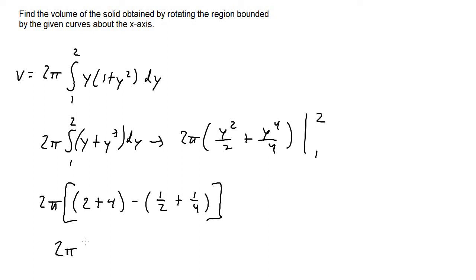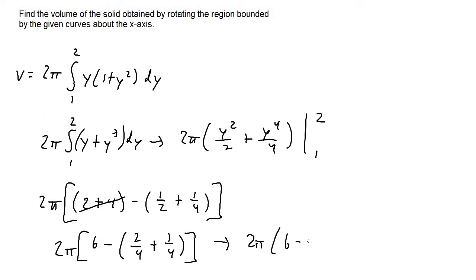So we have 2 pi times, now 2 plus 4 is 6, minus 1/2 plus 1/4. I'll change 1/2 into 2 over 4, so 2 over 4 plus 1 over 4. Then we'll get 2 pi times 6 minus 3 over 4. Now in order to combine 6 and negative 3 over 4, I'll rewrite 6 as 24 over 4 minus 3 over 4.